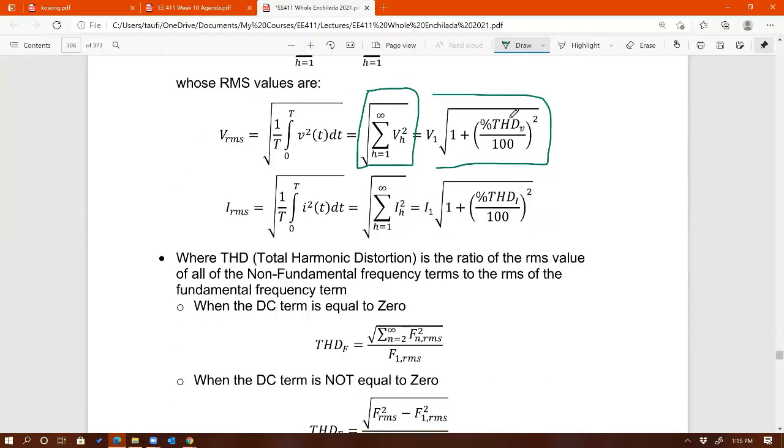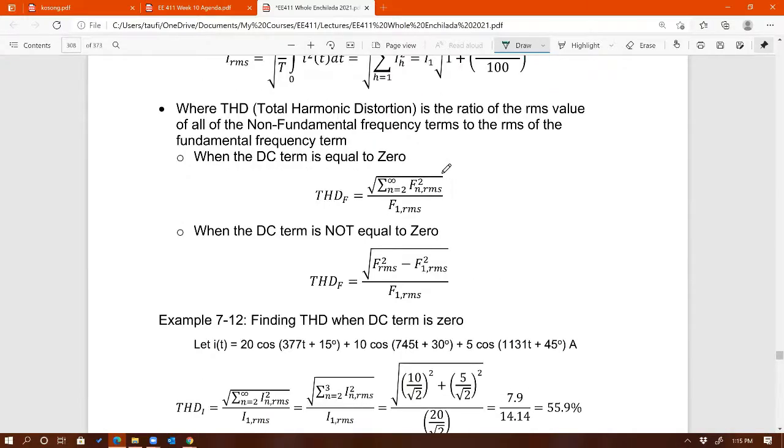And then what is total harmonic distortion? Total harmonic distortion, or THD, is the ratio of the RMS value of all the non-fundamental frequency terms to the RMS of the fundamental frequency. So you can total the non-fundamental components, and then divide by the fundamental component, and that gives you THD.